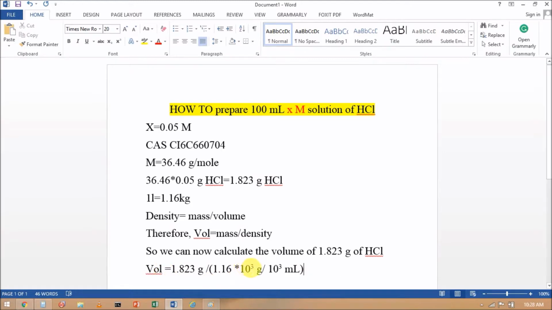So you can see that the grams and the 1000 will cancel, and it ultimately gives 1.823 divided by 1.16. So this will give you 1.572 ml.